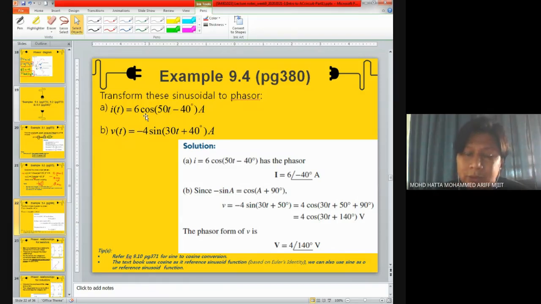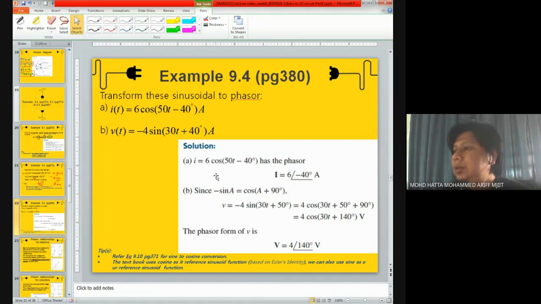But if you consider cos as your reference, according to the book that you have, I think the Sadiku, Alexander book accepts cos as its reference. So here, if we have a cos equation, it is not going to be translated into sine.